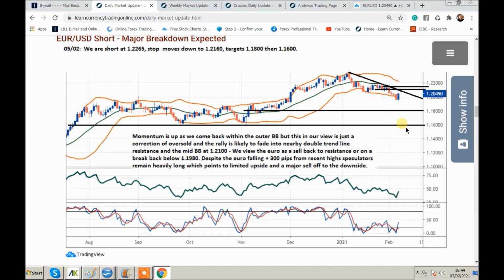You can't set targets of several hundred pips without knowing where the big money is sitting. So it's a simple setup in terms of the technicals and sentiment. For us, Euro USD is going down. We've seen a decent decline.